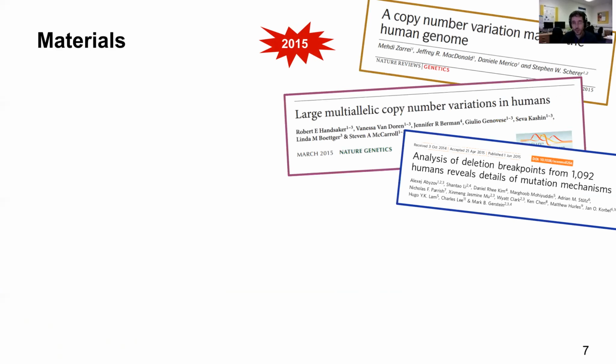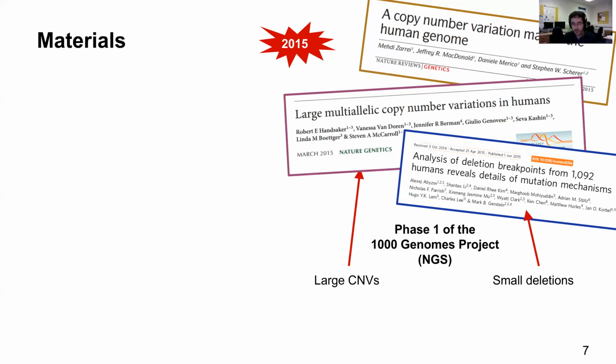Then we also had the maps by Handsaker et al. and Abyzov et al. Both studies use data from phase 1 of the 1000 Genomes Project, but they use different algorithms and analytical strategies. The one by Handsaker tends to detect mainly large CNVs, and in the case of Abyzov et al., it's mainly about small deletions.